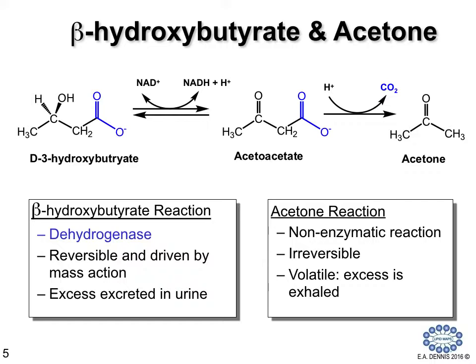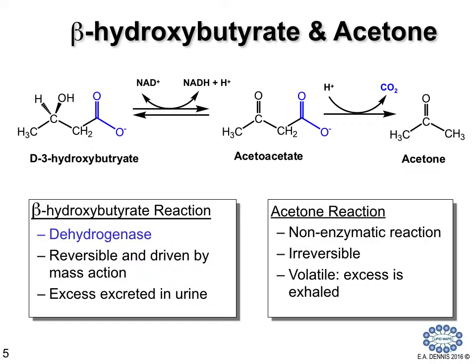Acetone itself is very volatile, and the excess of the acetone, which is very insoluble, is excreted through the lungs and can often be smelled on the breath of an individual who has built up ketone bodies, most particularly acetoacetate.